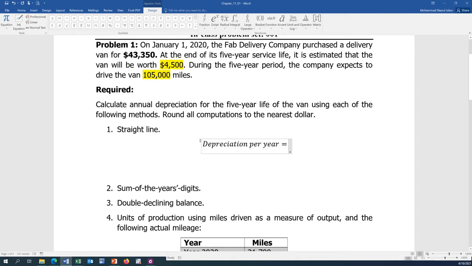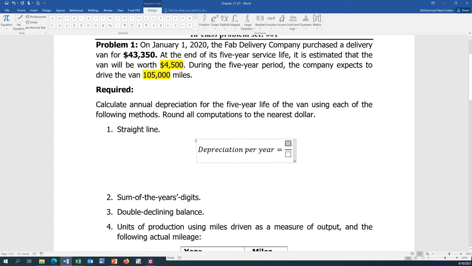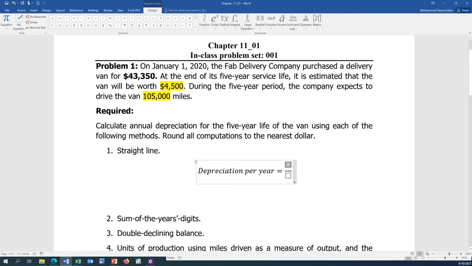First we need to calculate the depreciable amount. It should be equal to 43,350 minus 4,500, which is the residual value. This is the depreciable amount.